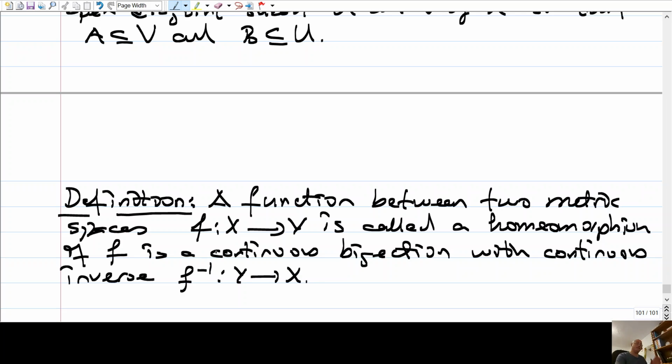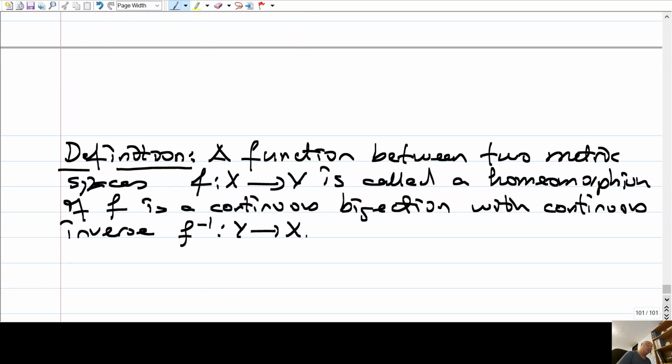So f is a setwise bijection, a one-to-one onto function, so that both f and its inverse are continuous. In this case, we call the function a homeomorphism. So here is the definition of a homeomorphism.